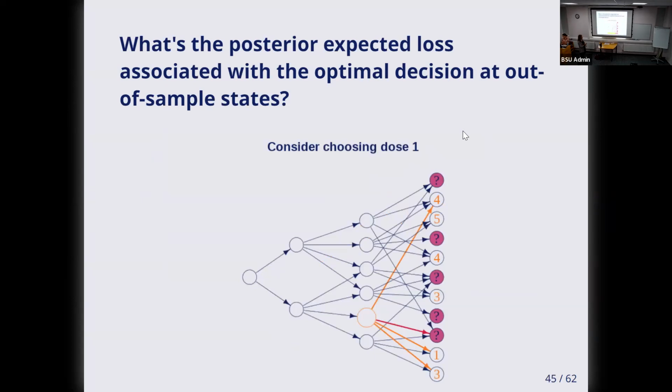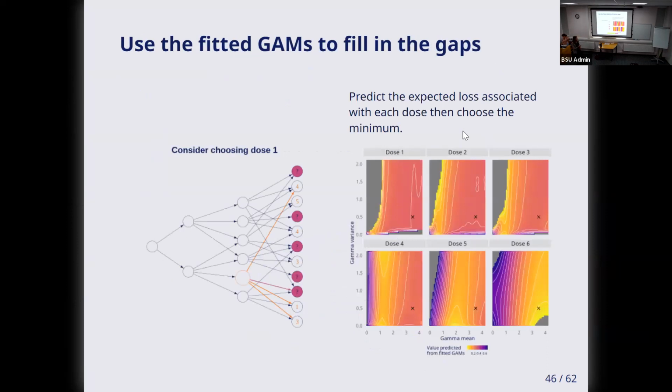So we wanted to fill in this question mark. We've fitted 6 GAMs, one for the relationship for omega 1 through to omega 6, so we've got one for each dose. And let's suppose that this cross represents the data set at this question mark state.